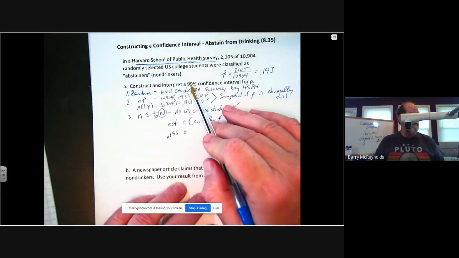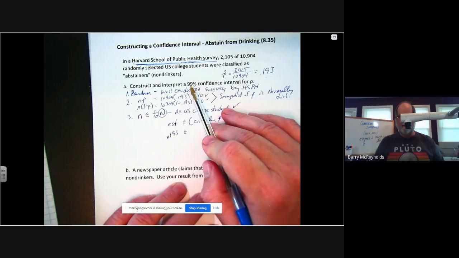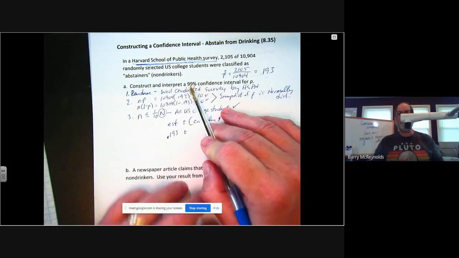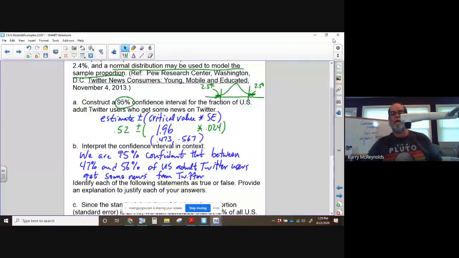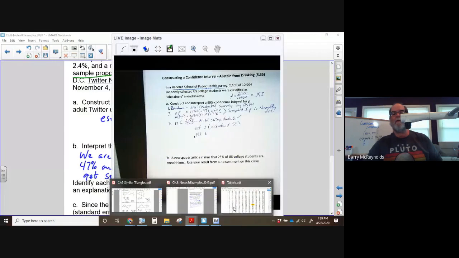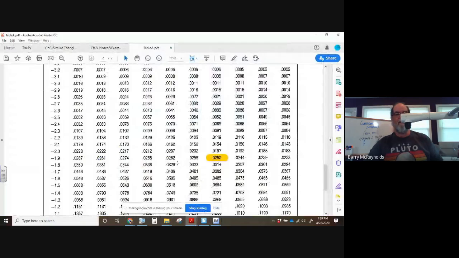Well, we want 99% confidence here. So we've got to go to table A and see what value corresponds to 99% confidence.